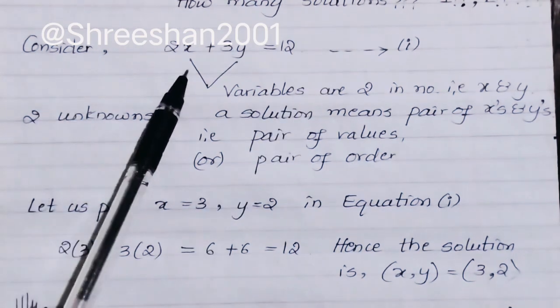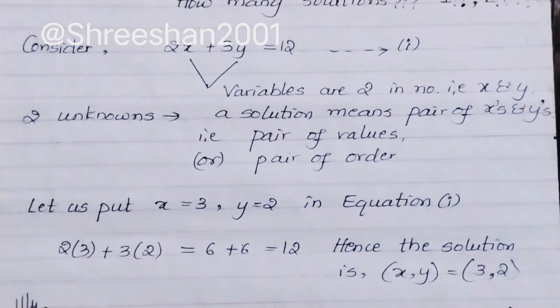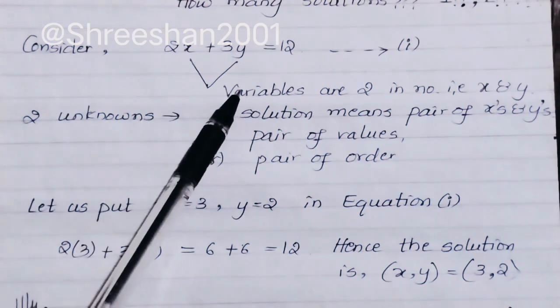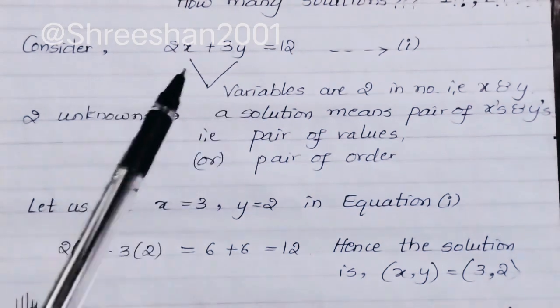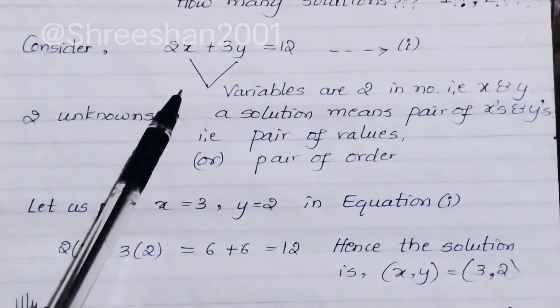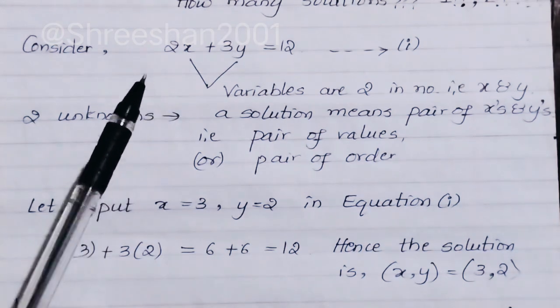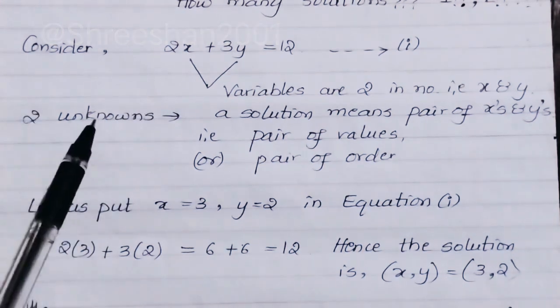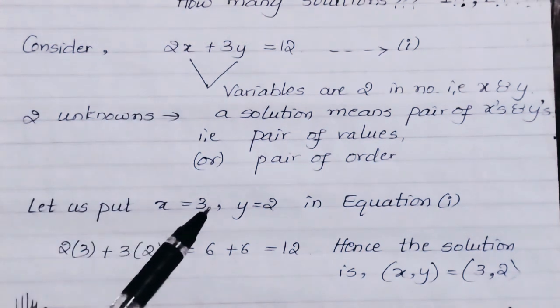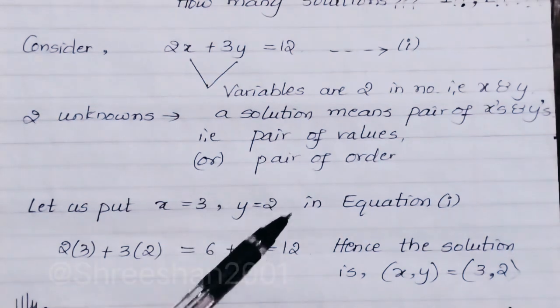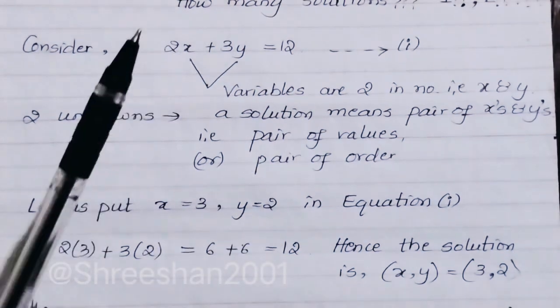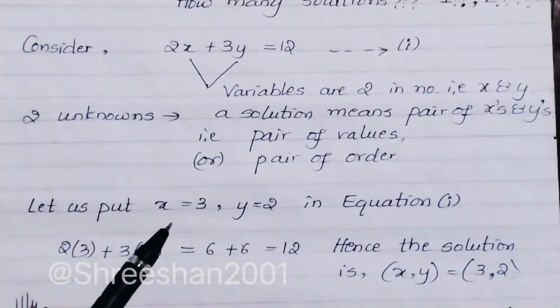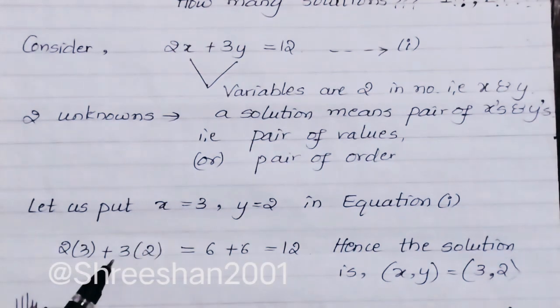I am finding x and y values here, but I have two unknowns, so I cannot find both values simultaneously. So I will simply assume x value as 3 and y value as 2 and substitute these values in equation 1. Substituting x as 3, 2 into 3 plus 3 into y value 2, it is 6 plus 6 is equal to 12.